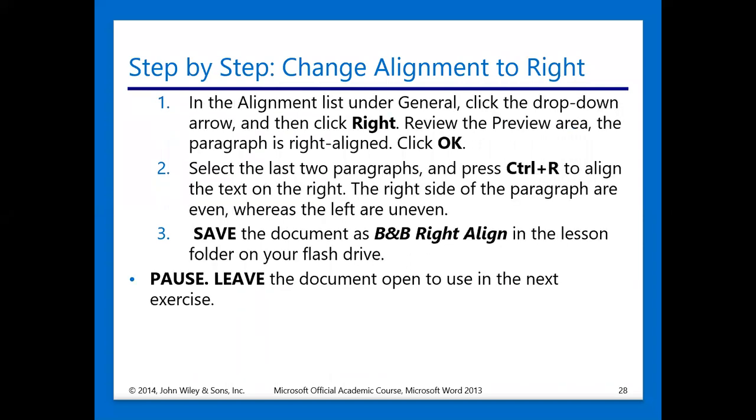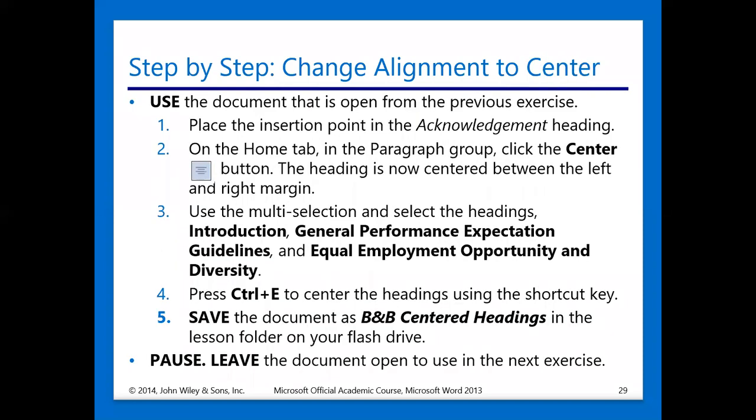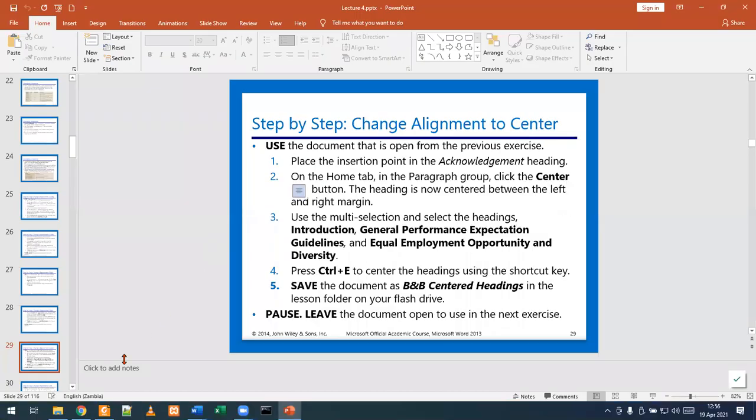So we have more step-by-step exercises on changing alignment to right, changing the alignment to the center. For the center, in this case, we've been asked to center most of our headings. Now, if you're not going to be using your paragraph styles, you are going to be using this option. So let's center some of our headings.